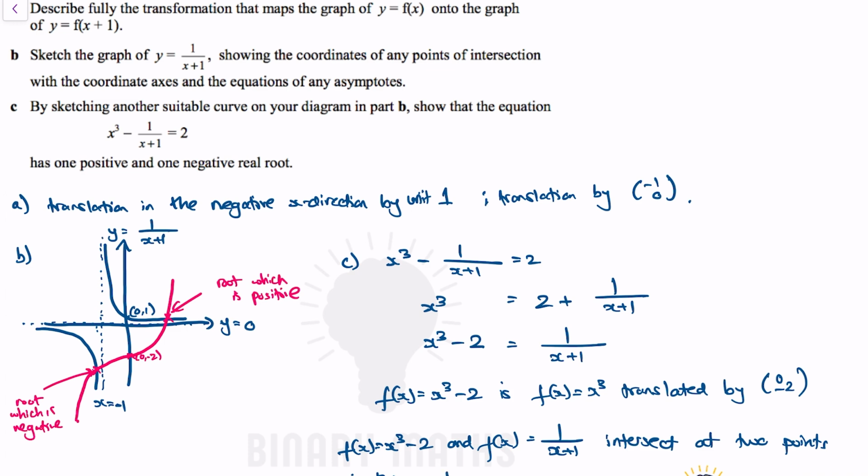They intersect with one root positive, you can see clearly from the graph, and one root negative.